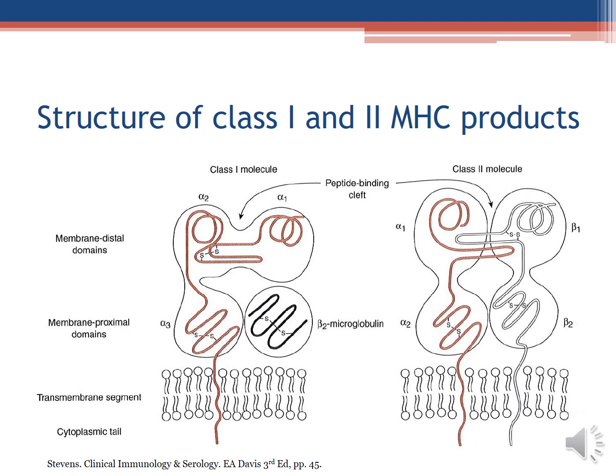Class 2 has an alpha 1 and alpha 2 and a beta 1 and beta 2. You will not need to label these on an exam or anything. This is just to help you visualize the Class 1 and Class 2 MHC molecules.